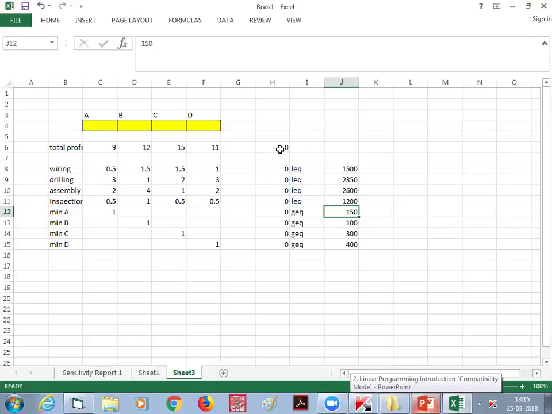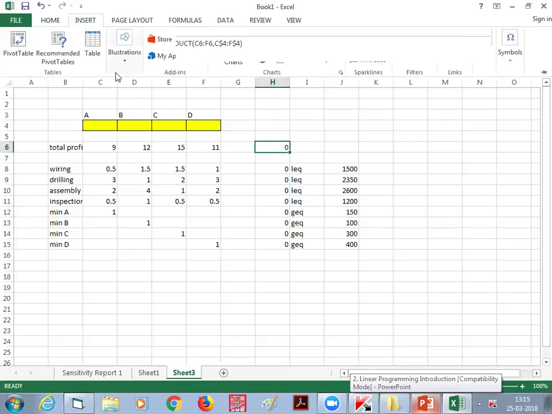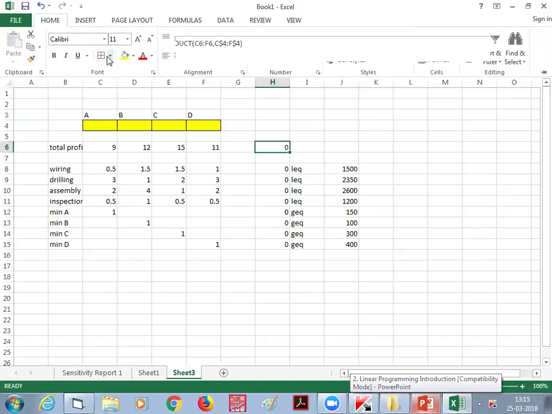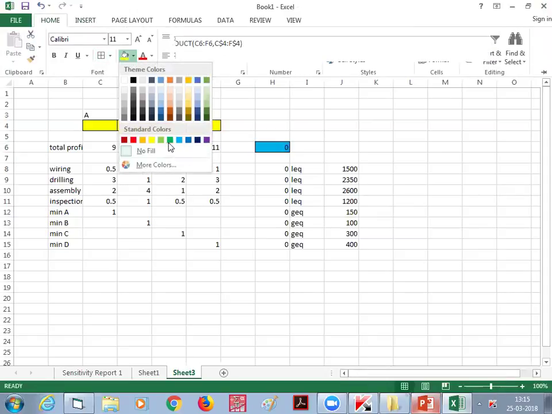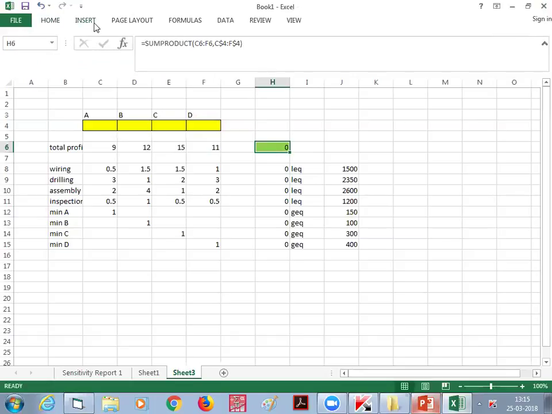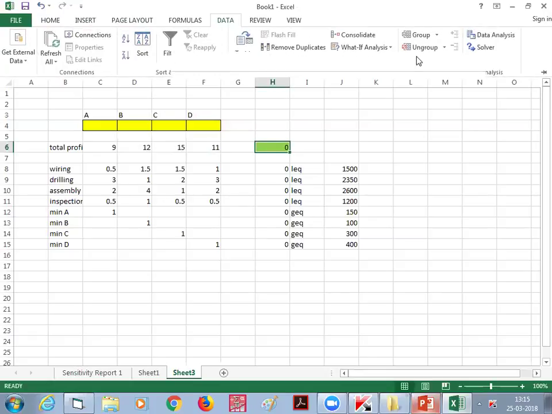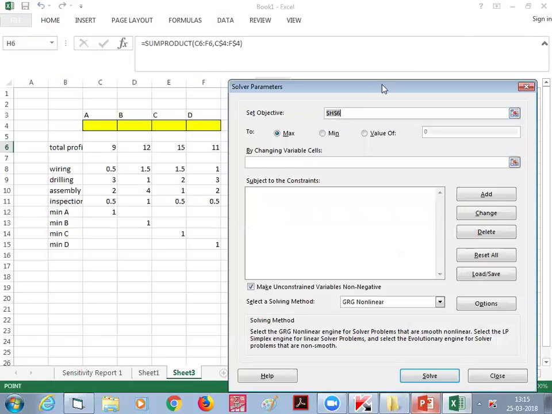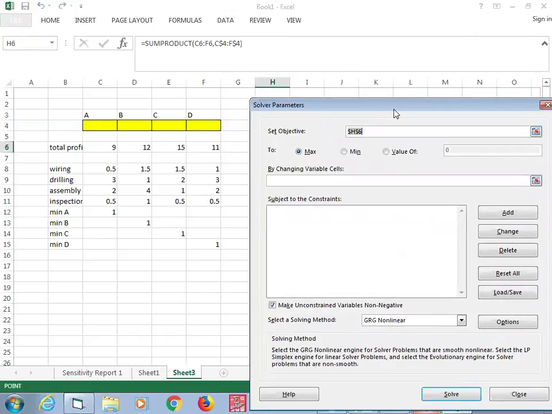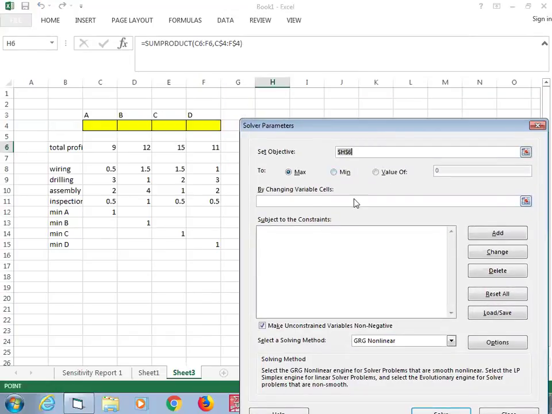And now we can solve this. Okay, so everyone is ready? Okay, solver. So, this was my objective, to maximize total profit.